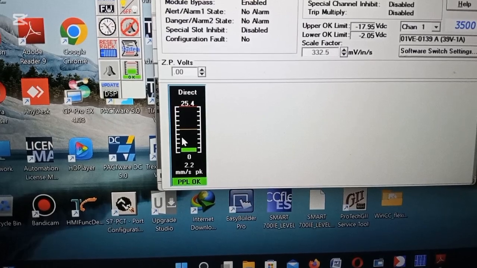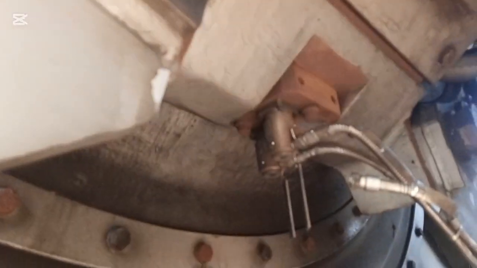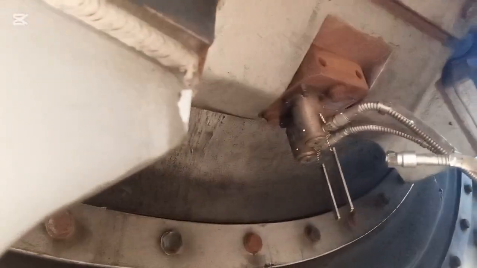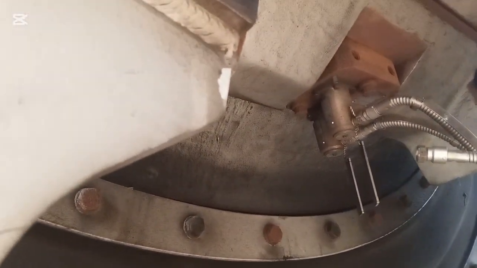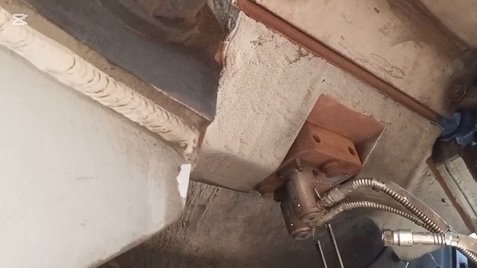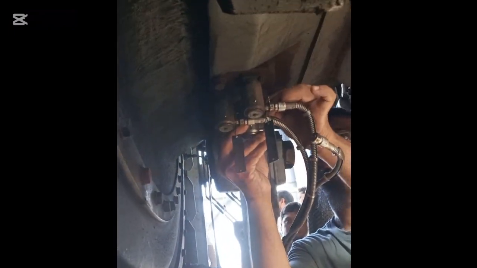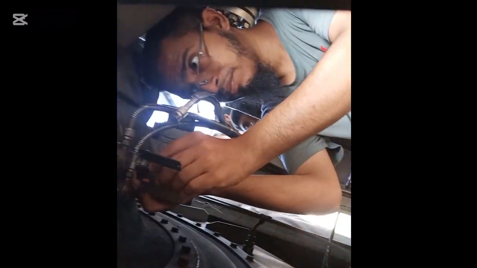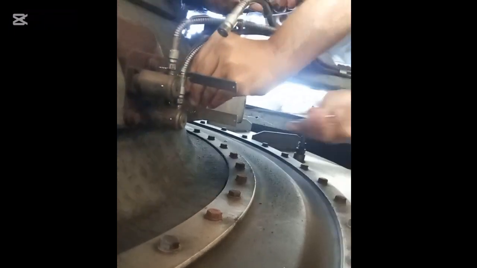At the gas turbine field side we checked whether the connection is loose or not. Here is the seismic vibration sensor at the field. We opened it with an Allen key and then opened the sensor, and we found nothing except some dust particles.